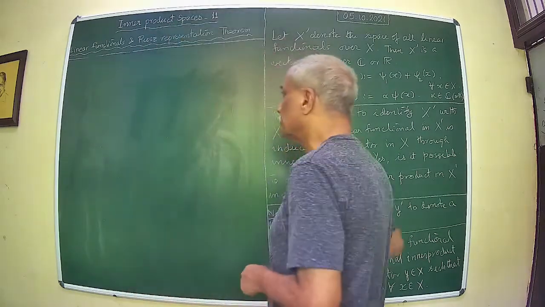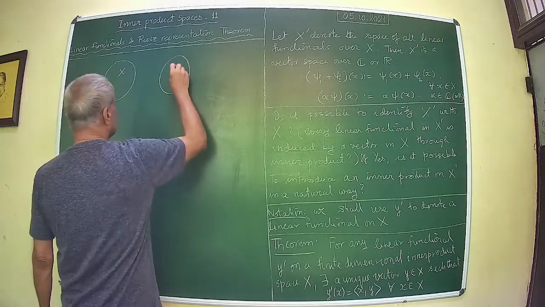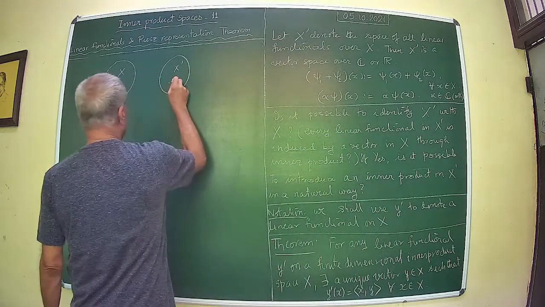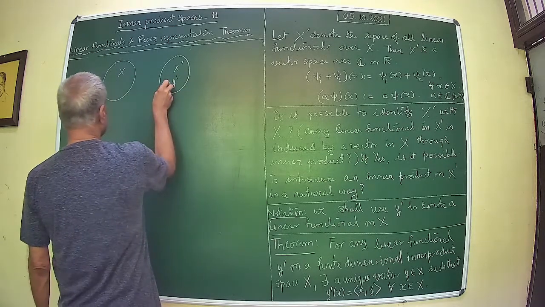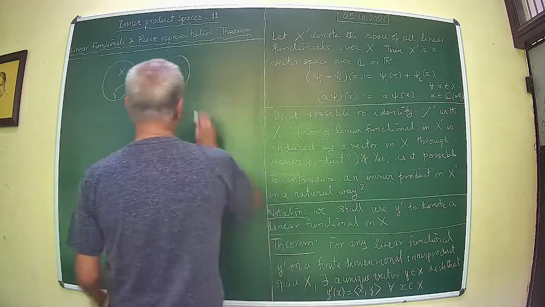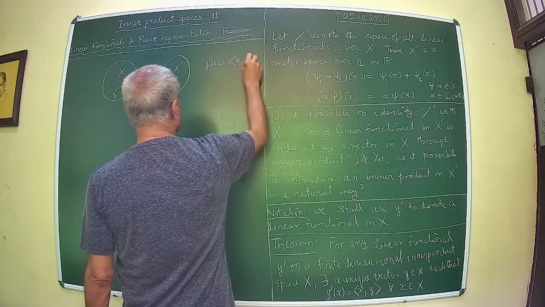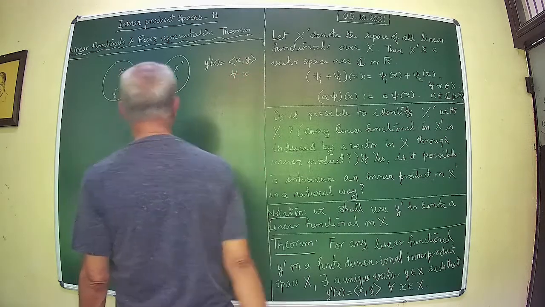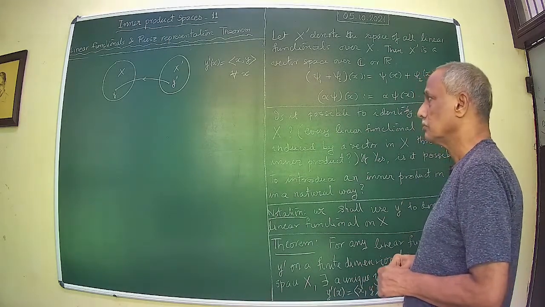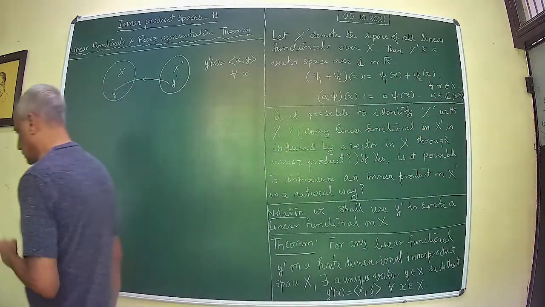That means if this is X and this is X prime, then given a y prime, there exists a particular y in X such that y prime of x equals the inner product, so that they are connected by this. Y prime is an element of X prime, the dual space of X.